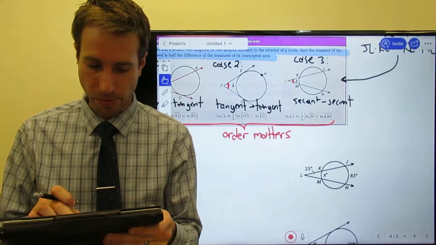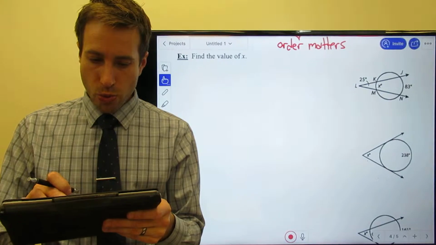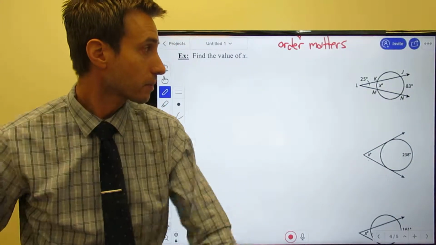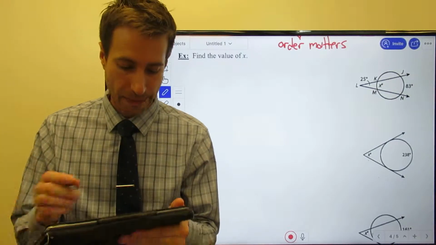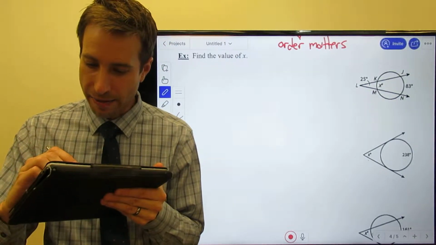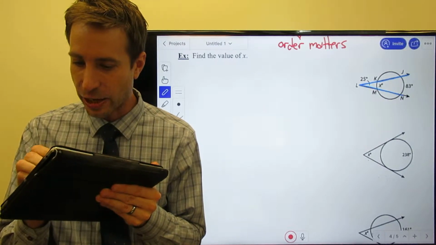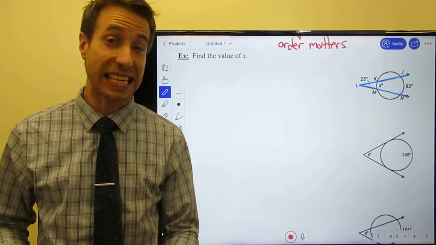Let's do some problems. We're going to find the value of x. Great, what have I got? Please notice I have this guy right here, which is a secant, and I have this guy right here, which is a secant.